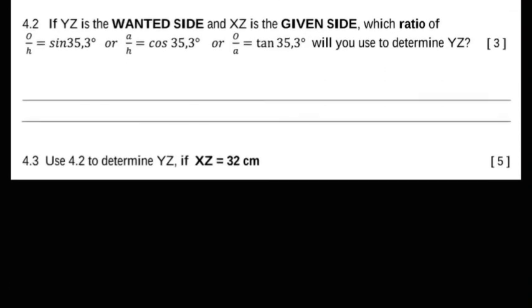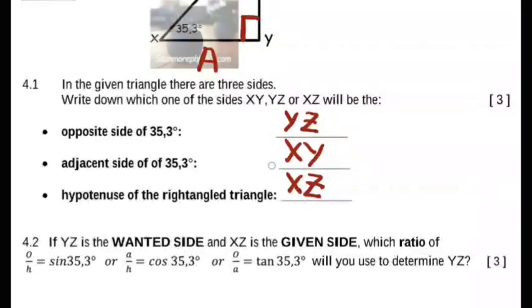4.2 says, if YZ is the wanted side and XZ is the given side, which ratio? So here they've given you opposite over hypotenuse, that's sine, adjacent over hypotenuse, that's cos, opposite over adjacent, that's tan. Which ratio will you use? Now seeing that we want YZ and we have XZ, XZ is given, YZ is opposite and XZ is hypotenuse.